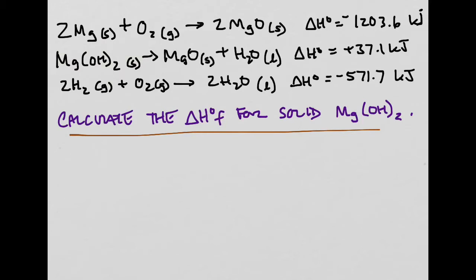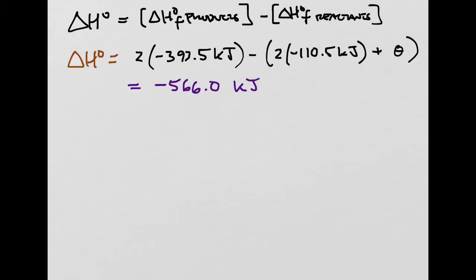Don't forget that the equation we use is that the enthalpy change for a reaction overall is the sum of the enthalpies of formation of the products minus the sum of the enthalpies of formation of the reactants.